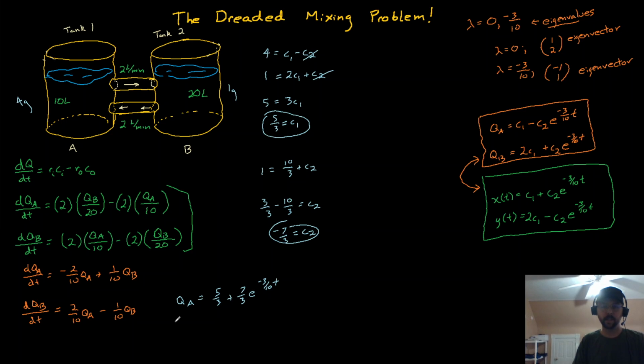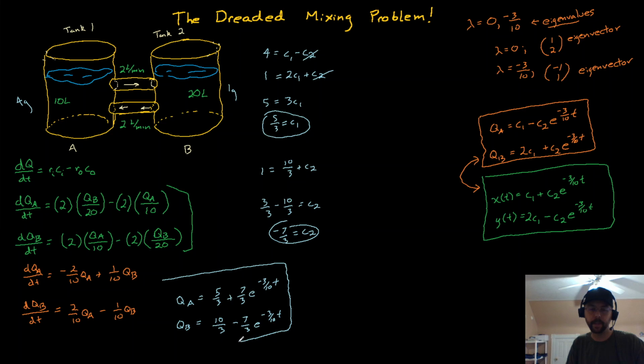And for the bottom one, Q of B equals 2 times C1, which is 10 over 3, plus C2, so minus 7 over 3 e to the negative 3 over 10t. So these are the equations. And if you graph these, you'll learn some information about what happens to the rates of salt over time.